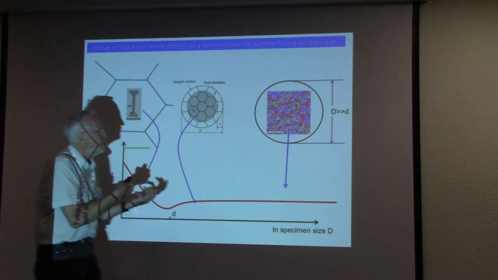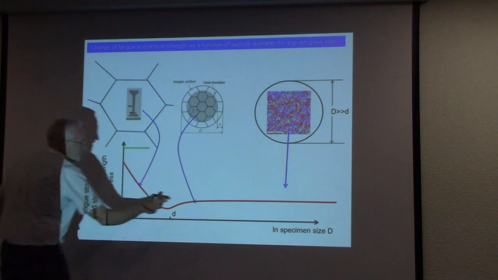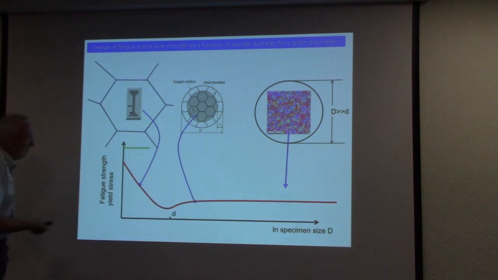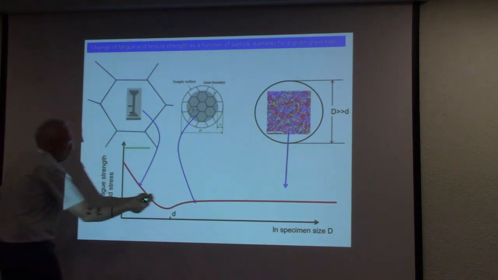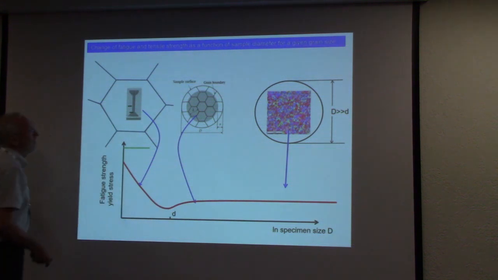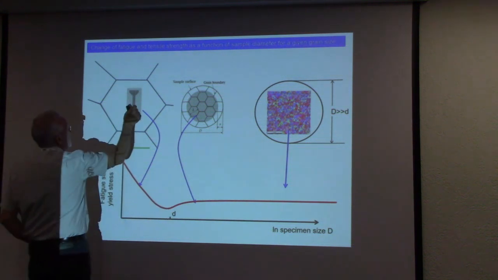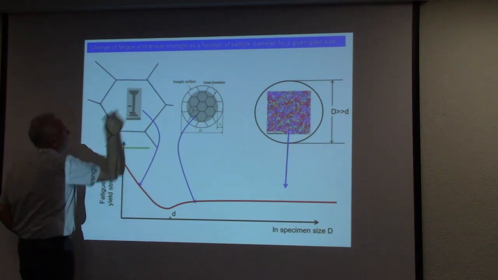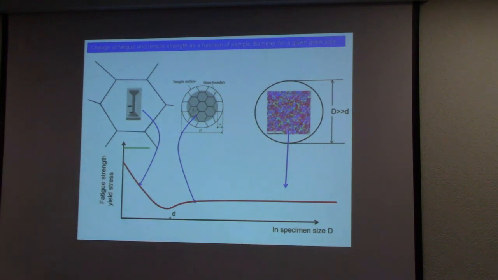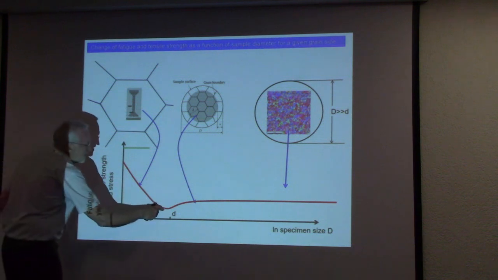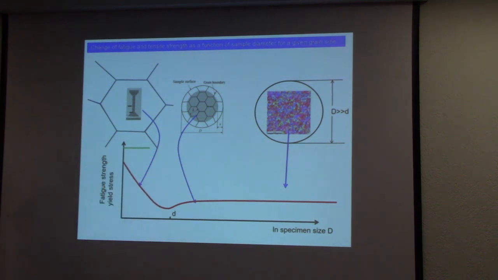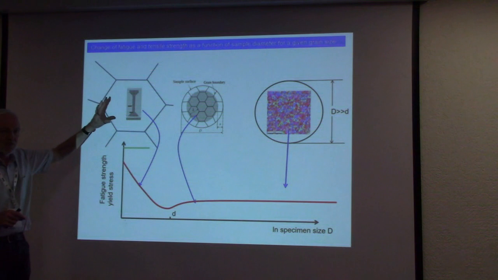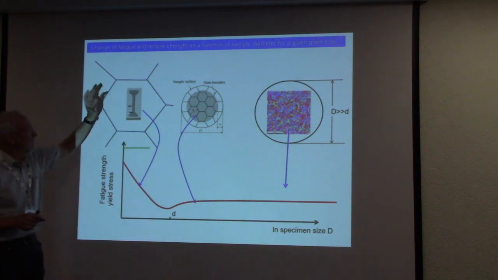And therefore, we have this decrease in fatigue strength and also the decrease in yield stress. And when we then come into a region where the size of the sample is smaller than the crystal, then we get again a significant increase. This increase depends on many different things. It depends on the constraint.